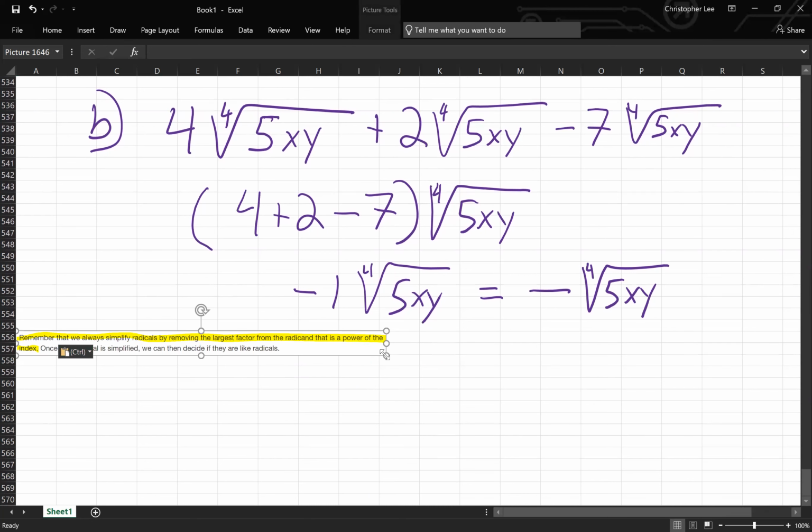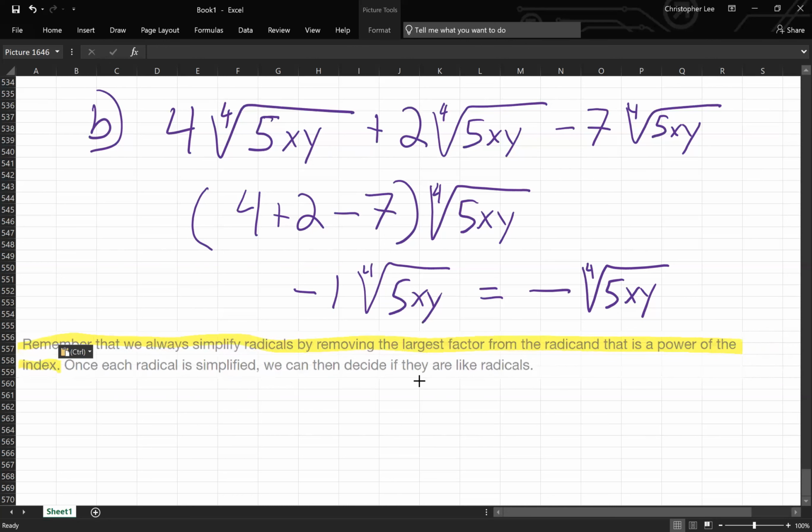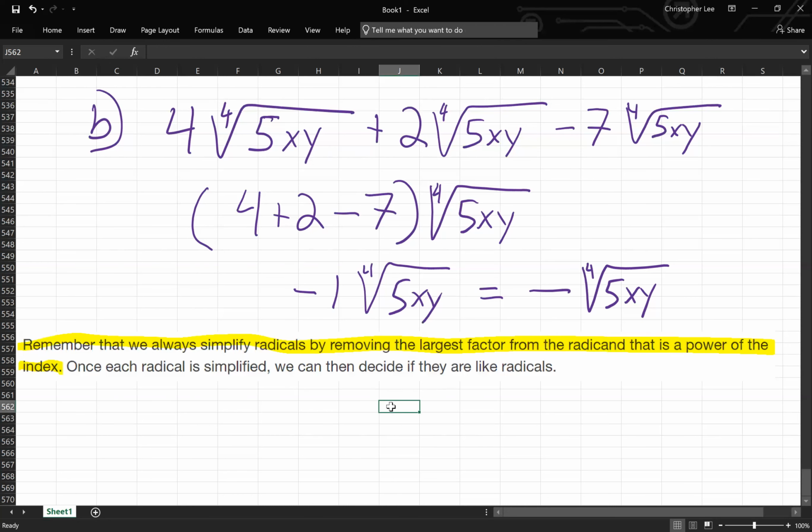All right, so remember that we always simplify radicals by removing the largest factor from the radicand that is a power of the index. Once each radical is simplified, we can then decide if they are like radicals.